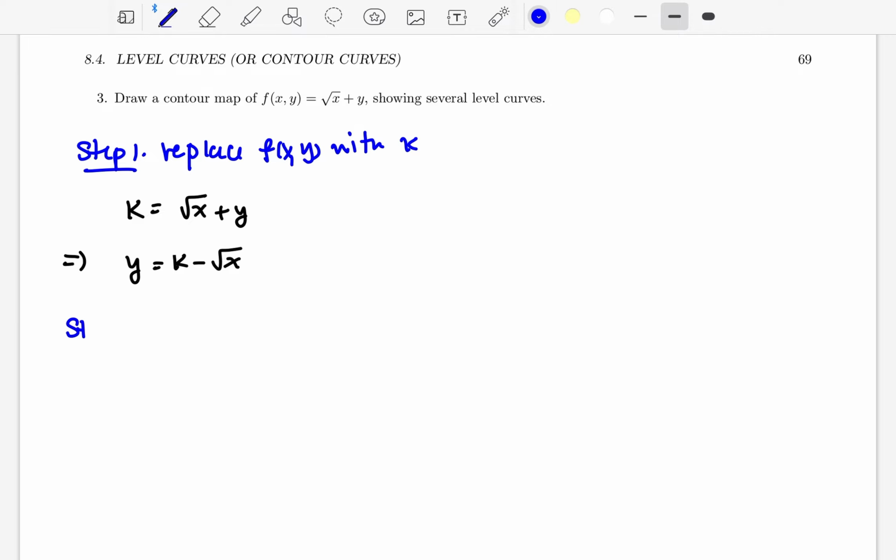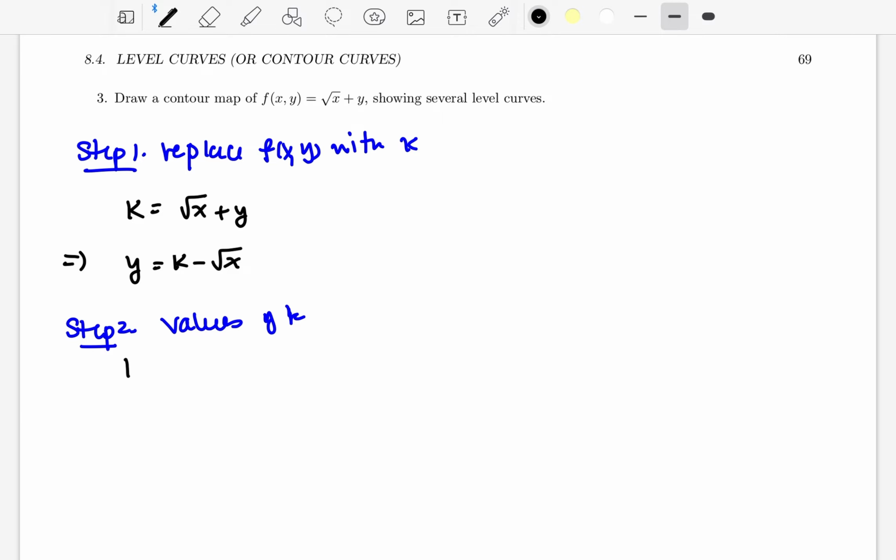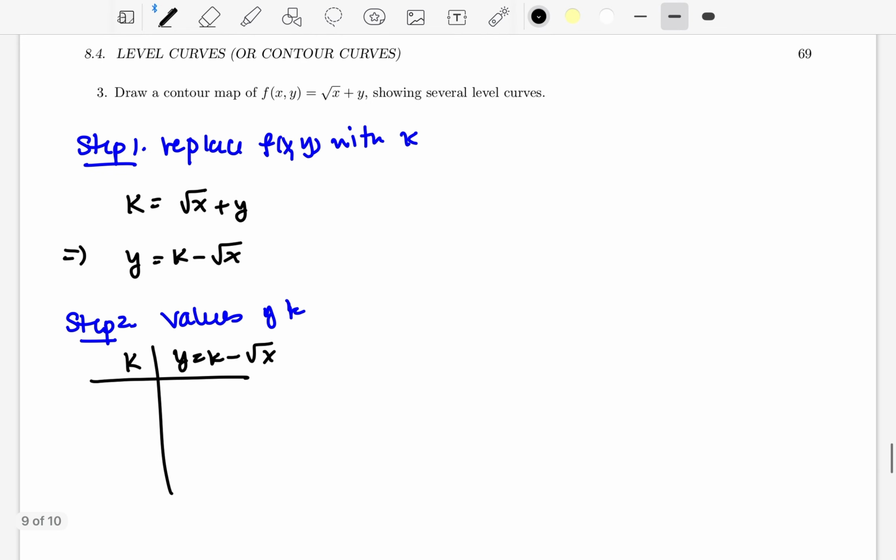Now, step 2, give it some values of k. I'm going to do what I did before, and I'll make a little table of values for k. Actually, y equals k minus root of x. It doesn't matter that much, right?